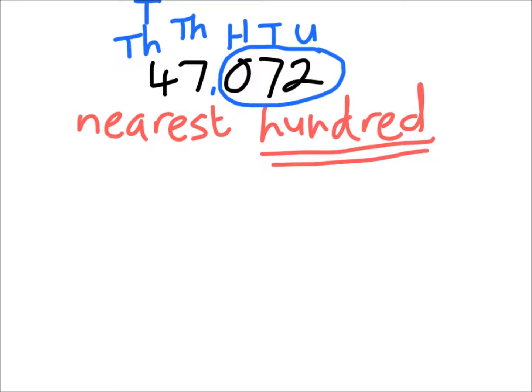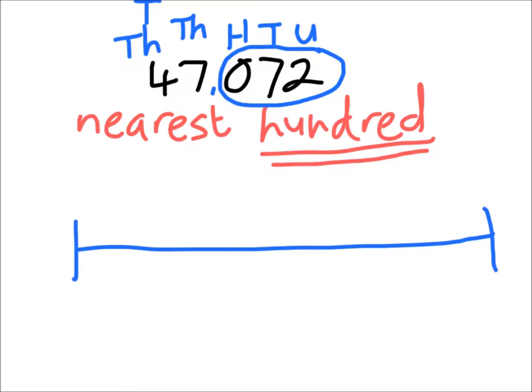Now, let's draw a number line. We ask ourselves, which hundreds does 72 come in between? Well, it comes in between 0 and 100. But we need to remember that it's not just 0 and 100, it's 47,000 and 47,100.